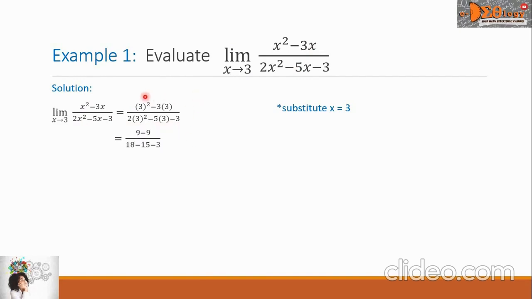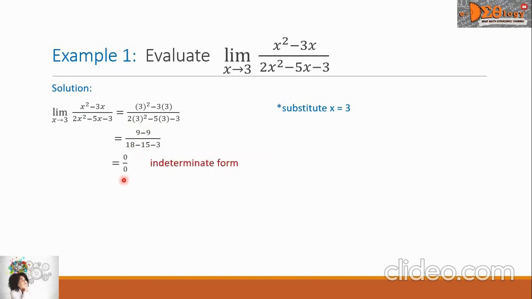Simplifying further, the 3 squared is 9 minus 3 times 3 is also 9 all over the square of 3 is 9 times 2 gives 18 minus 5 times 3 is 15 minus the 3. When we simplify this fraction, we will have the answer as 0 over 0.